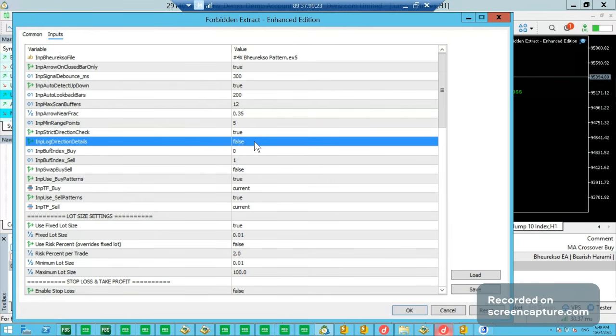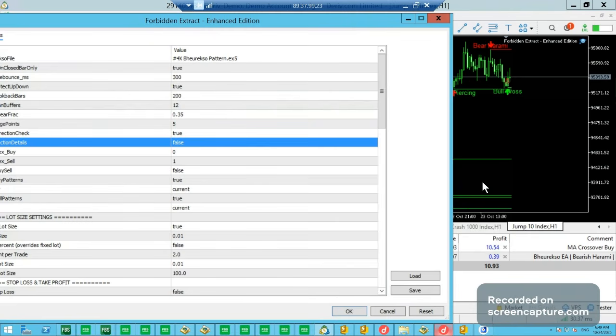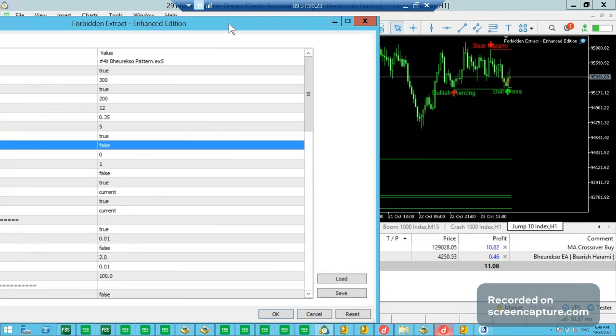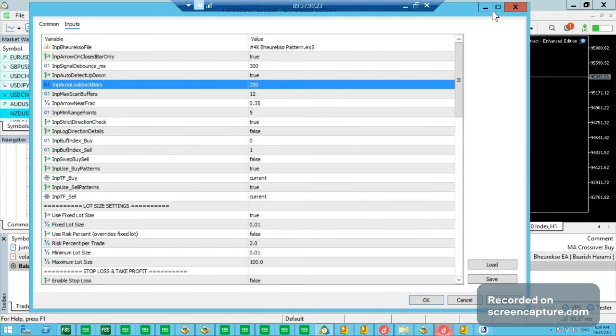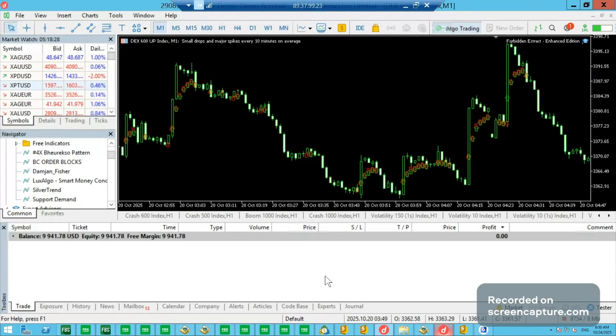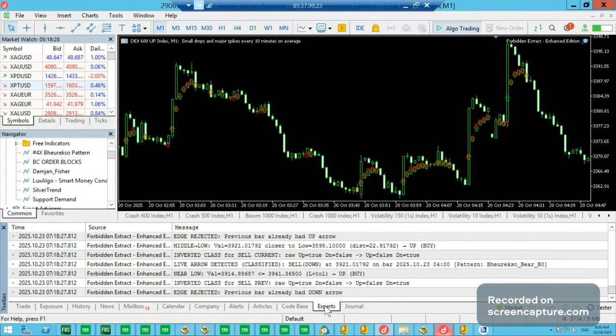Once you set this to true and you go to your expert to check whatever information is given, if there is any error, you can easily detect it. Let me show you. When you go to your expert, this is the expert. So that log is the one that will be giving you all this information.